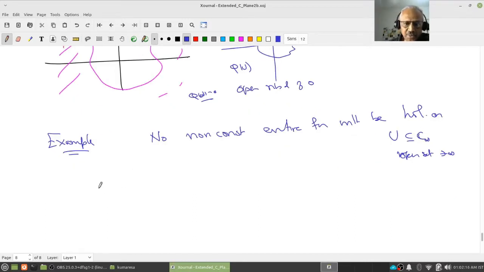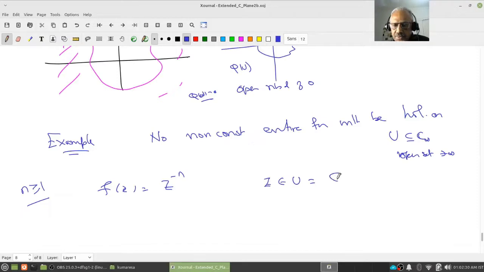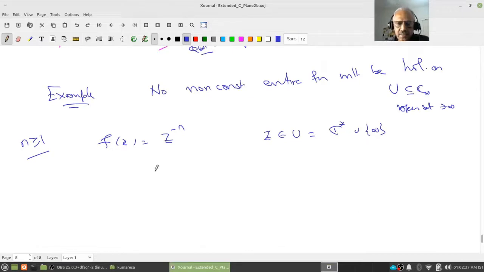But let's look at this function f of z equal to z power minus n, where n is greater than or equal to 1. And z is in U, which is C star union infinity. This is an open set, right? Now, is this differentiable?